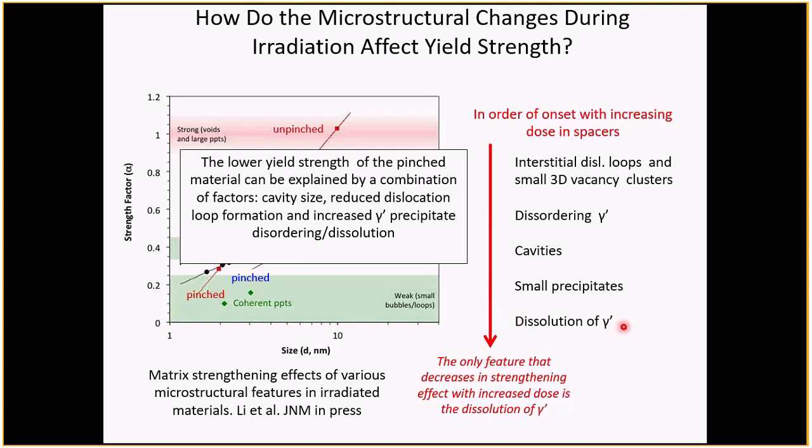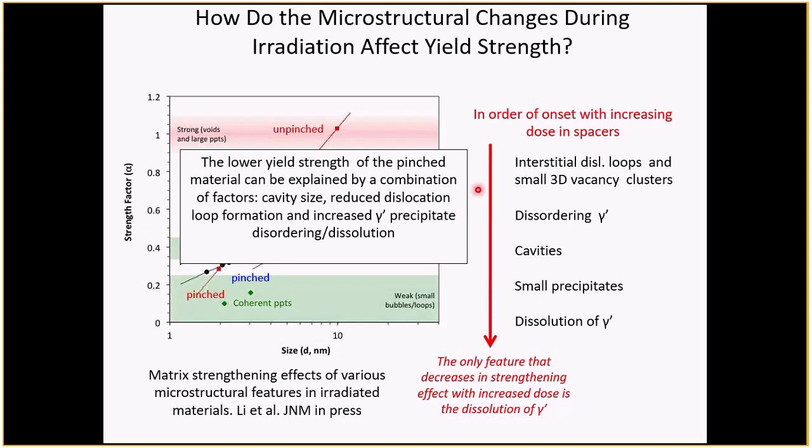And the reason that this is the most important is because in terms of numbers of cavities, we're increasing them. Numbers of small precipitates, we're increasing them. The number of dislocation loops, these are all going up with increasing dose.